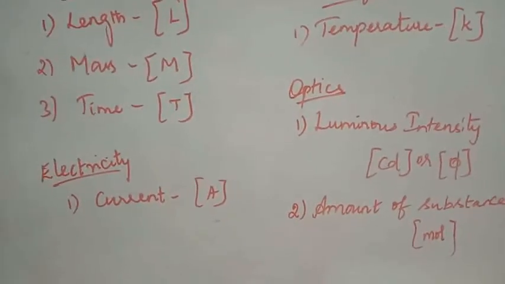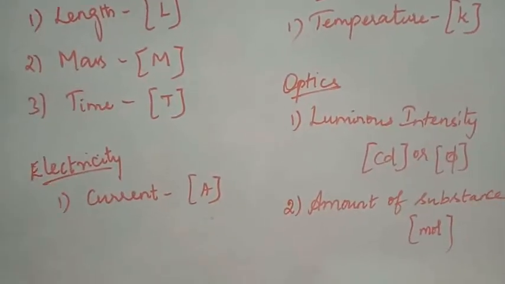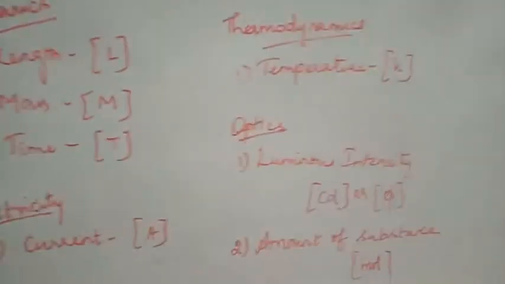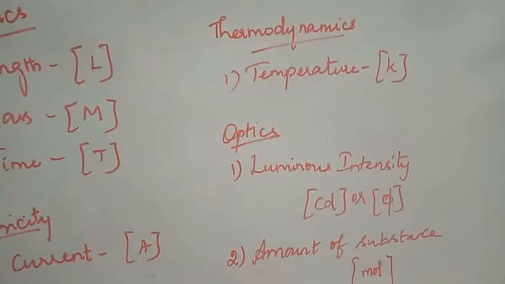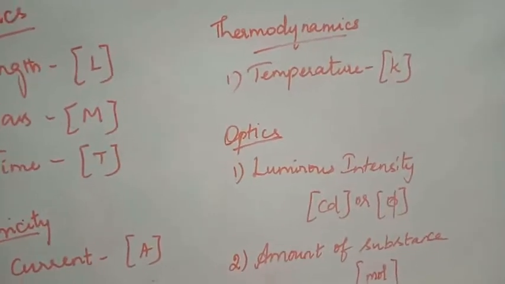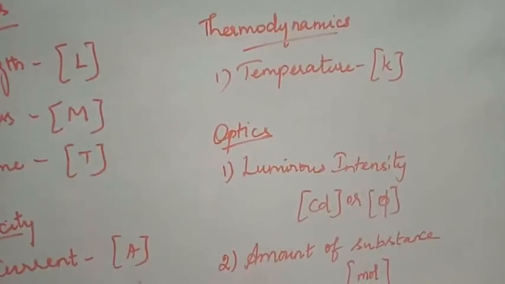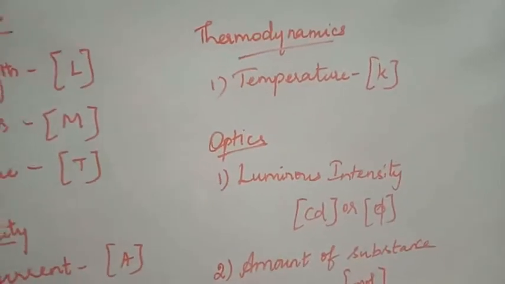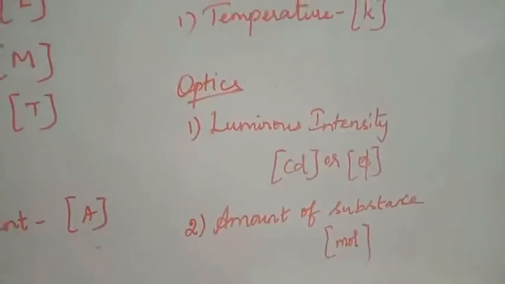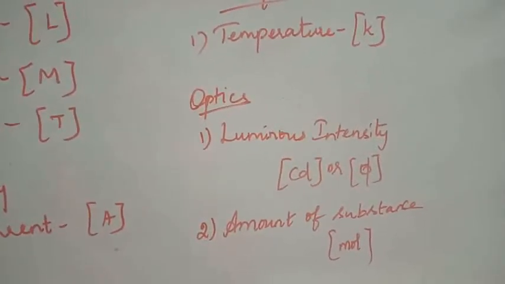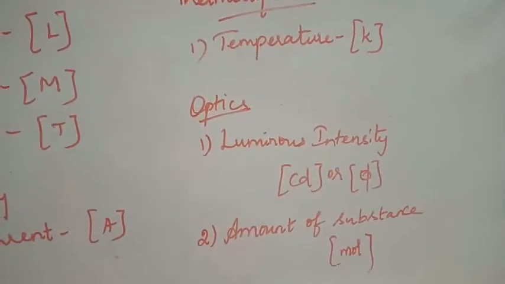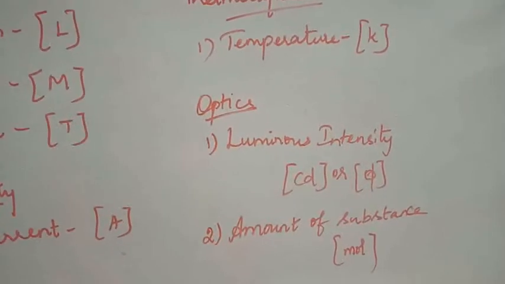The unit of electric current is ampere, so the dimension is given as A. And in the field of thermodynamics, the measured quantity is temperature, and its dimension is also given by its unit Kelvin, K. In optics, luminous intensity is the measured quantity and its unit is candela, so the dimension for luminous intensity is CD.